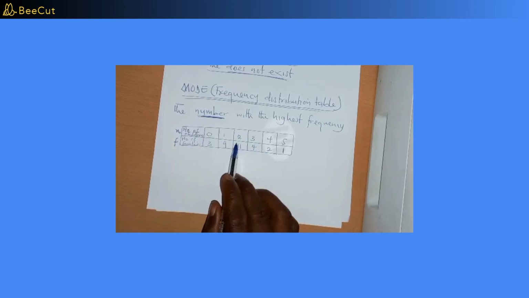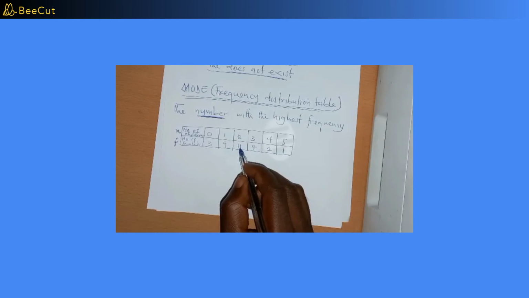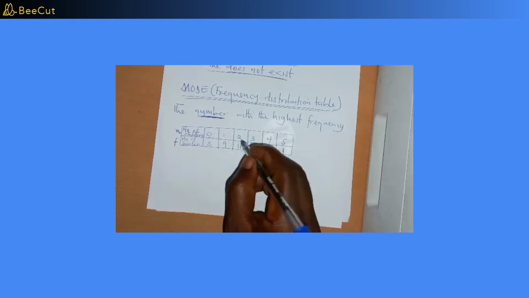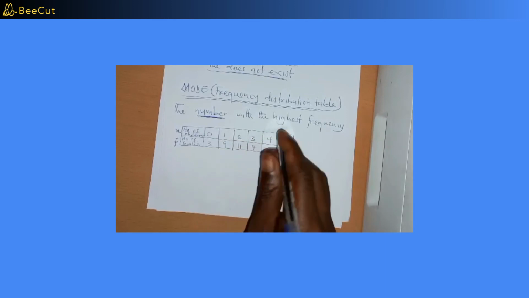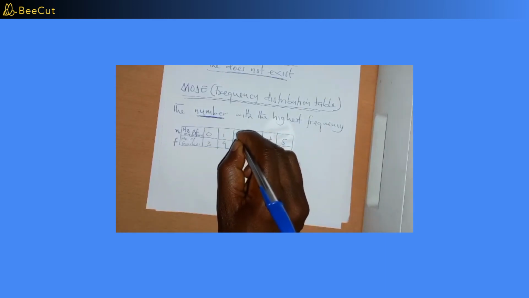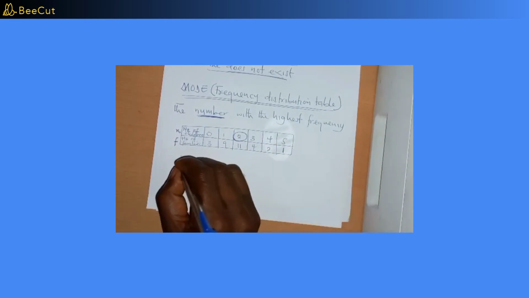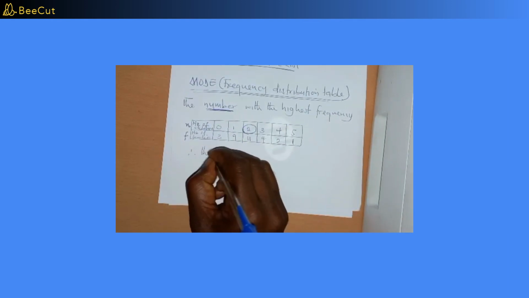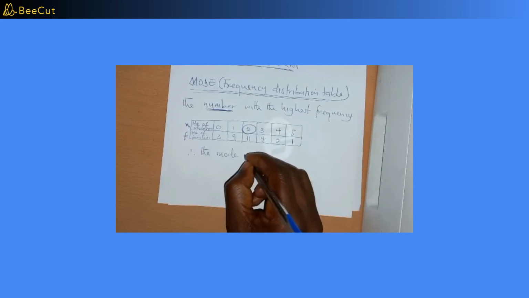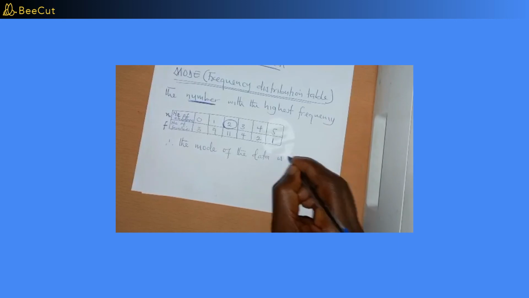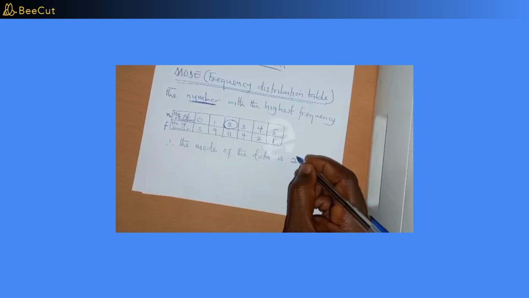Even though the highest frequency is 11, we don't use 11 as our answer. The 11 gives us the clue as to which number to select, and the 11 goes with 2. Therefore, the mode of the data is 2, because it has the highest frequency, which is 11.